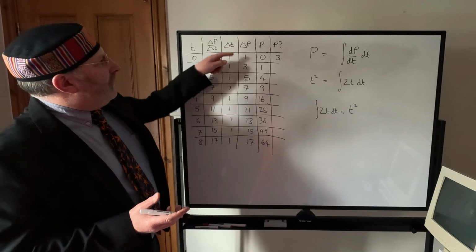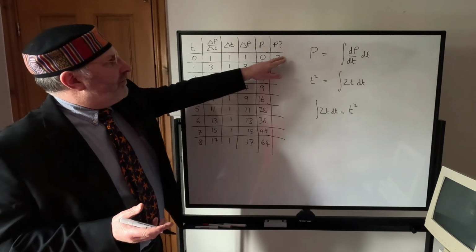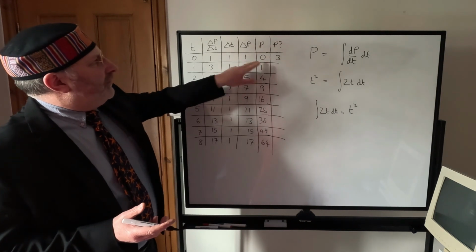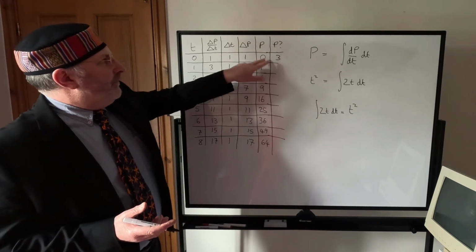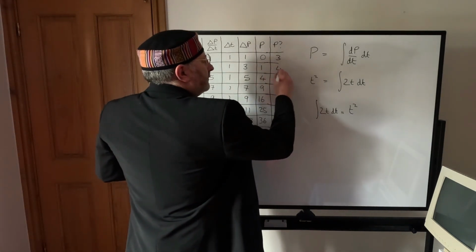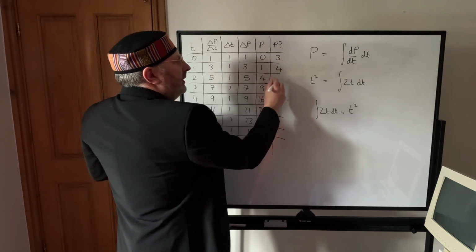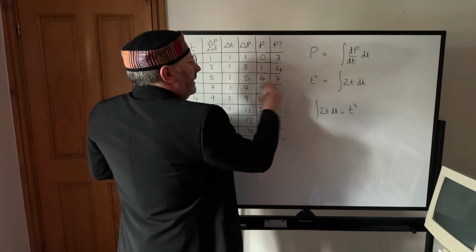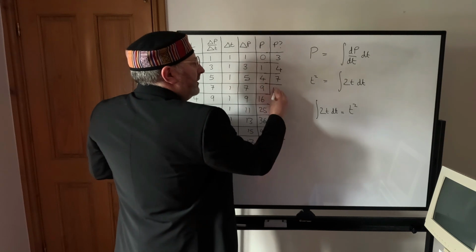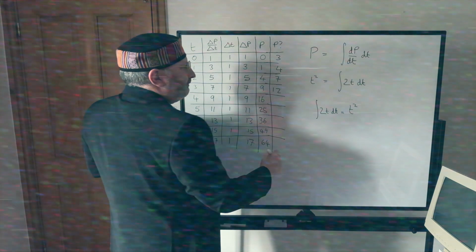So we'd still work out the same changes in population, but because we started at 3, now we're adding this delta p to 3, not to 0. So add 1 to 3, it's going to be 4. And then the delta p we're adding now to 4 to make it 7, and then we're adding 5 to 7 to make it 12, and so on.